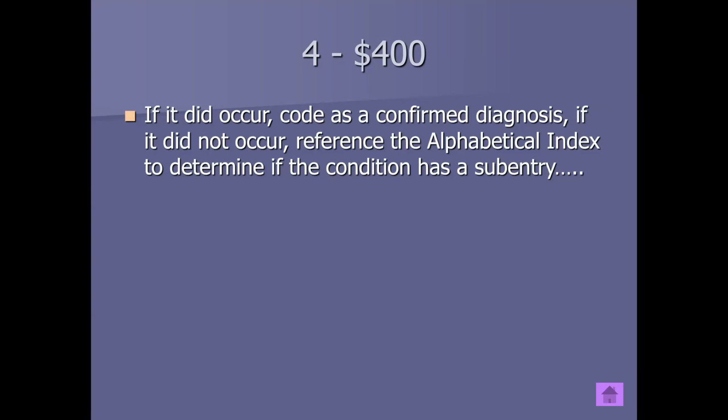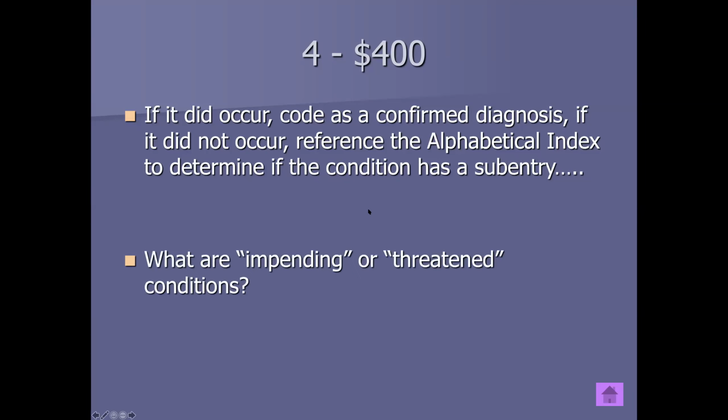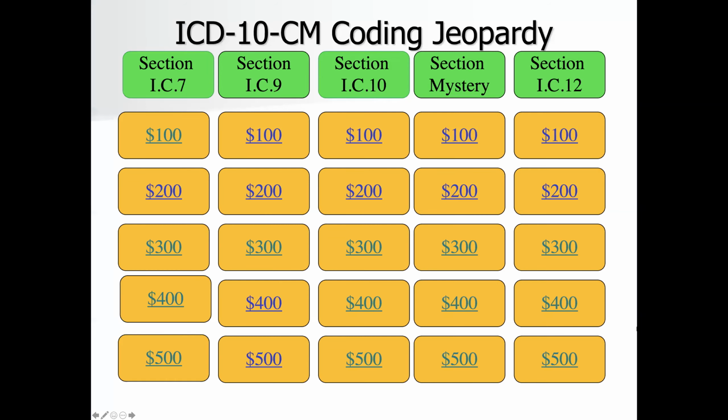All right, I need an answer. Crud, what is that one? All right, guys, here's the answer. What are impending or threatened conditions? I knew that one. I could not think of the word. All right, next up.